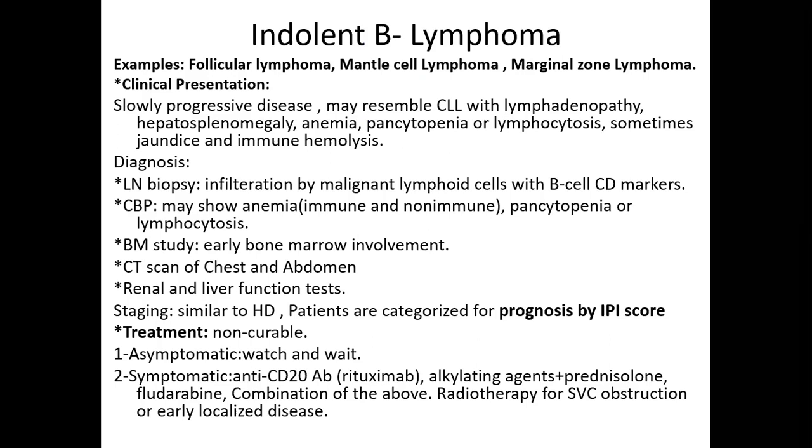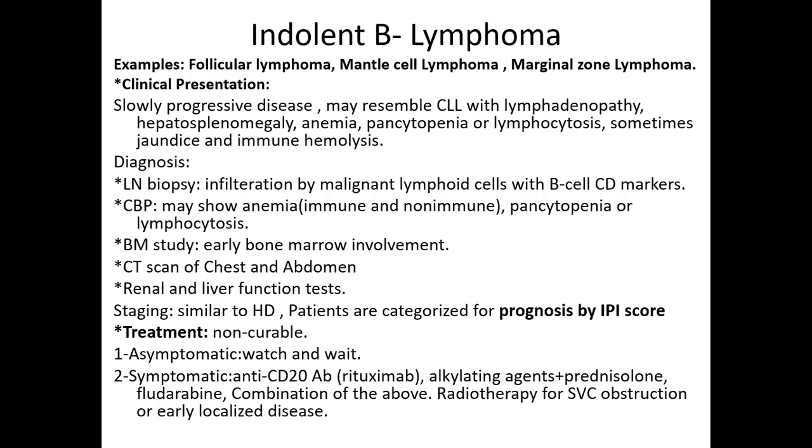Indolent B-cell lymphoma, examples: follicular lymphoma, mantle cell lymphoma, marginal zone lymphoma. As I said, it is a slowly progressive disease, and sometimes it may resemble chronic lymphatic leukemia with lymphadenopathy and hepatosplenomegaly and anemia, pancytopenia also, and sometimes, on the contrary, the patient may have lymphocytosis.